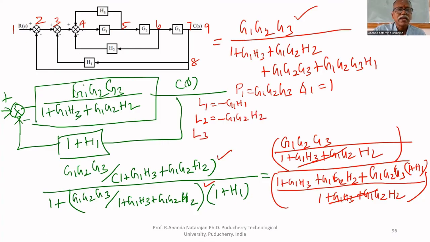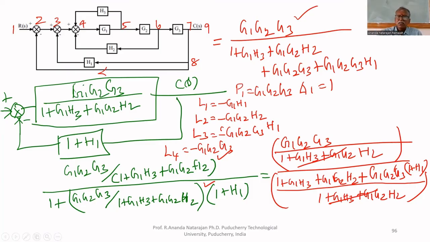L3 again, this is G1 G2 G3 H1, minus G1 G2 G3 H1. One more loop, L4. L4 is the same forward path, G1, G2, G3, and we have to follow this path. Then L4 is minus G1, G2, G3. How many elements? 1, 2, 3, 4. Here we got 4 loops.